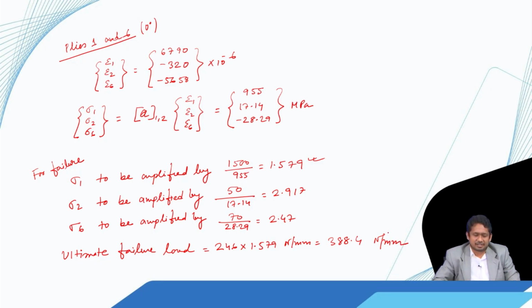Now, the 90-degree plies and 45-degree plies have already failed, and this ply is also failing now. So, this is the ultimate load it can carry. So, with the partial ply failure approach, the ultimate load for last ply failure is 388.4 Newton per millimeter. So, with this numerical example, let us end this discussion here. Thank you.